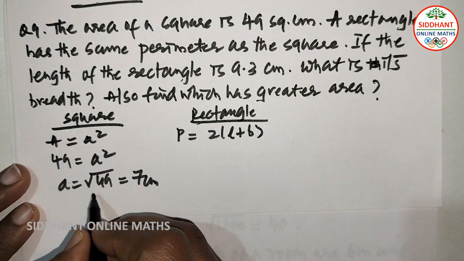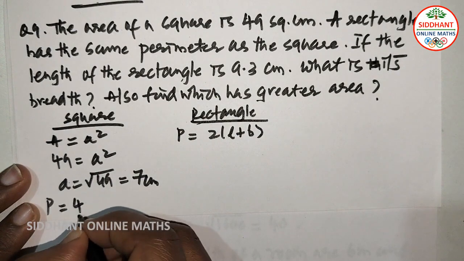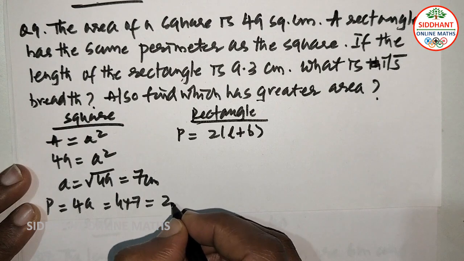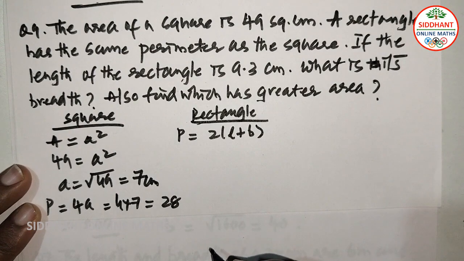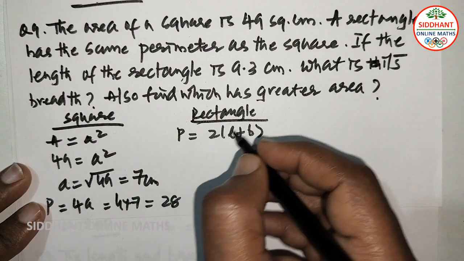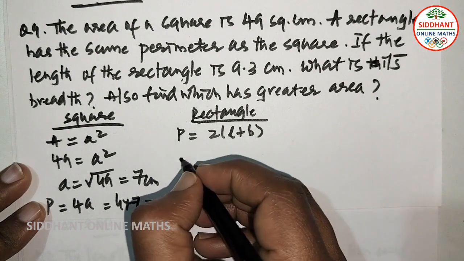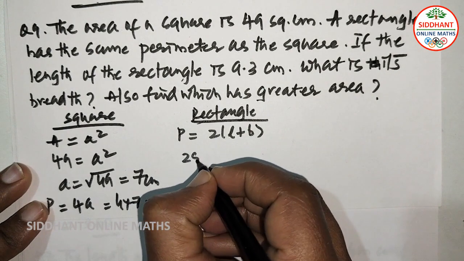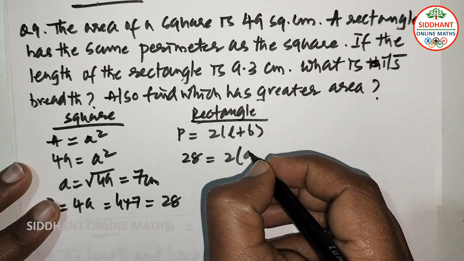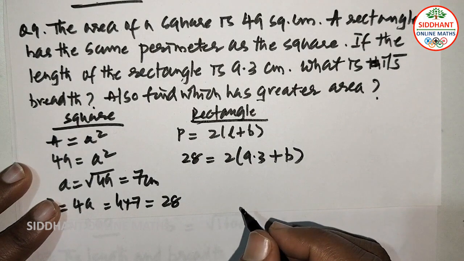So for the square, one side is 7 centimeters. Then the perimeter is 4a, that is 4 into 7, which is equal to 28 centimeters. Now for the rectangle, perimeter is equal to 2 into (L plus B). The perimeter is the same, that is 28, which is equal to 2 into (L, which is given as 9.3, plus breadth, which we are going to find out).